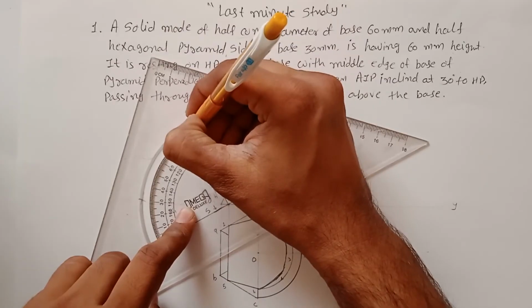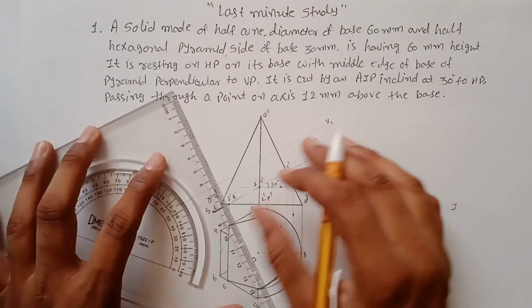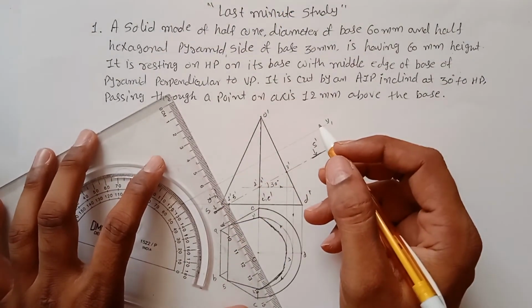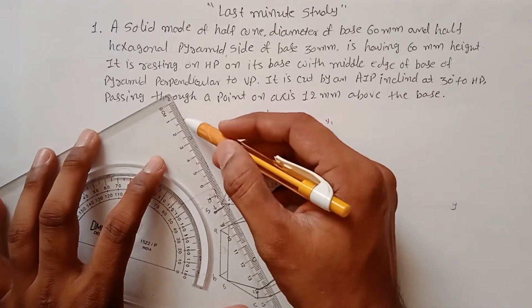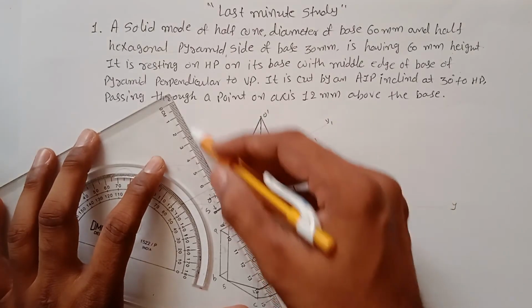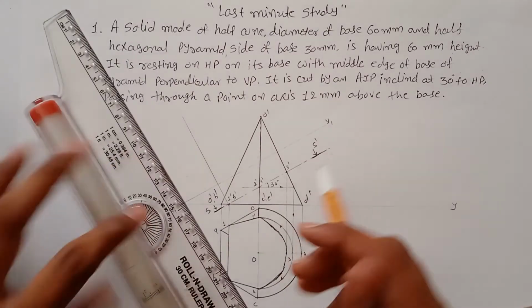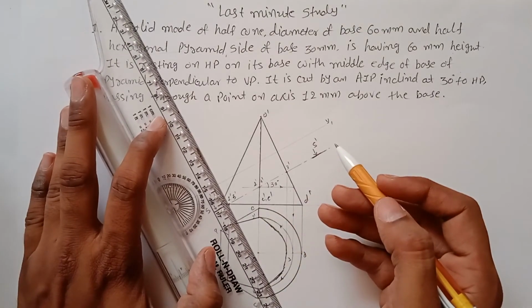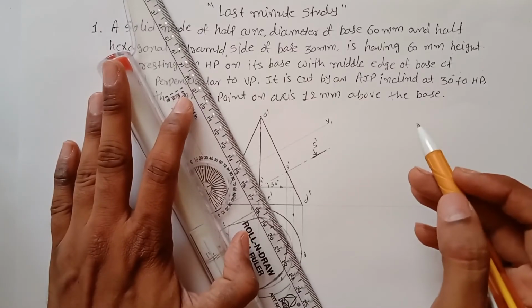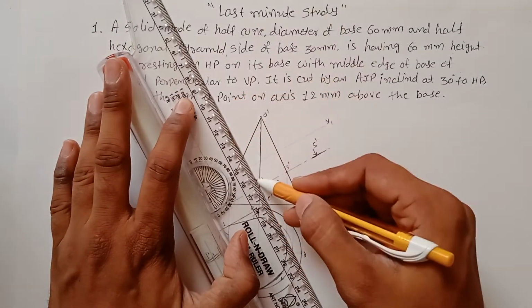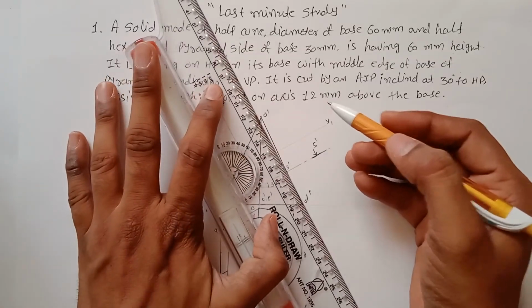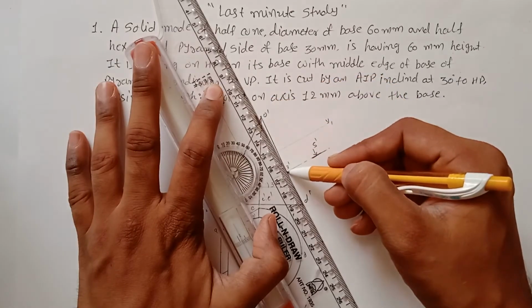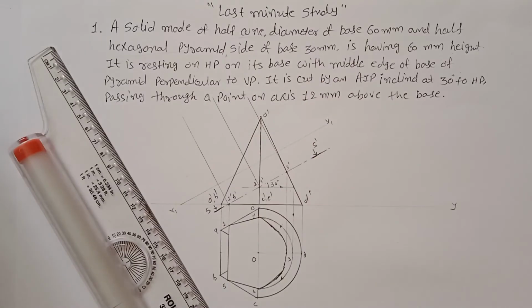sectional part. So let's say this is your sectional line. From each and every point, you have to draw a perpendicular line from this sectional line, like this.